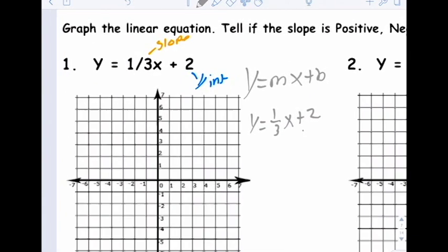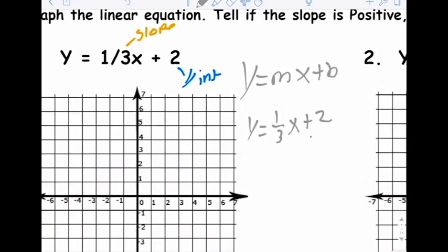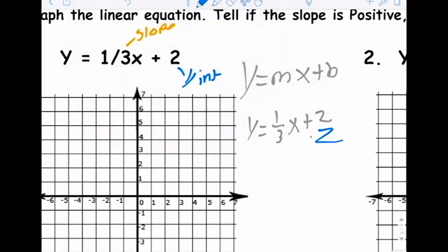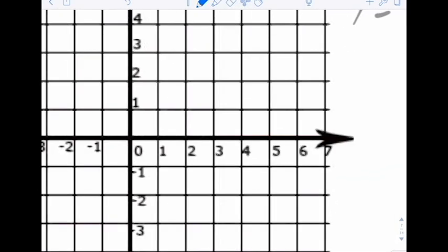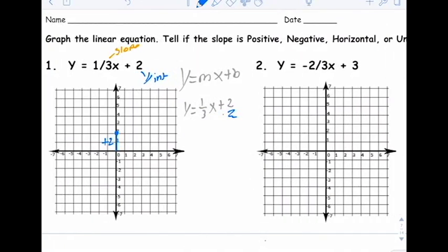If the slope is a whole number, change it to a fraction. In this case, 1/3 is not a whole number, so we do not have to do step 2. Third step, graph the y-intercept. So this is the y-intercept right here. We can graph that by starting at the origin, going up 2 spots on our graph, and making a point. So that's our y-intercept, plus 2.